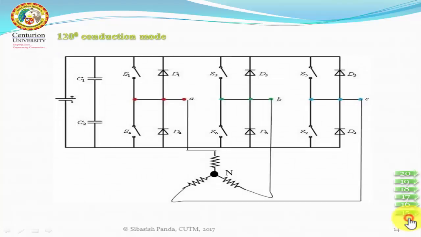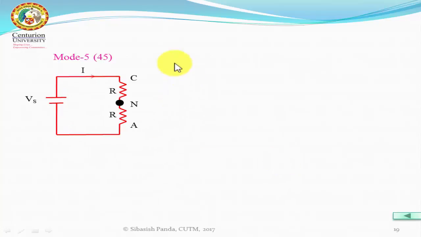Mode 5, 4, 5. So 4 means A is connected to the negative, and 5 means C is connected to the positive. So C is connected to the positive, A is connected to the negative, right?